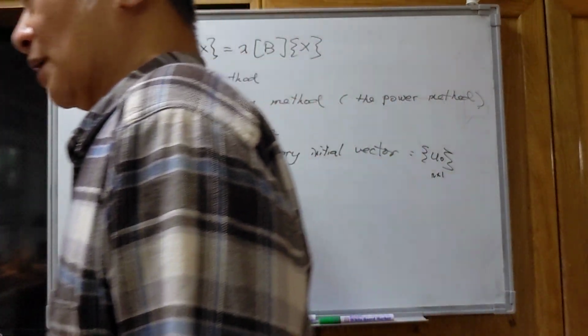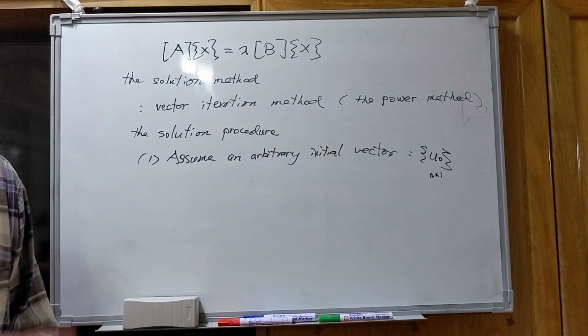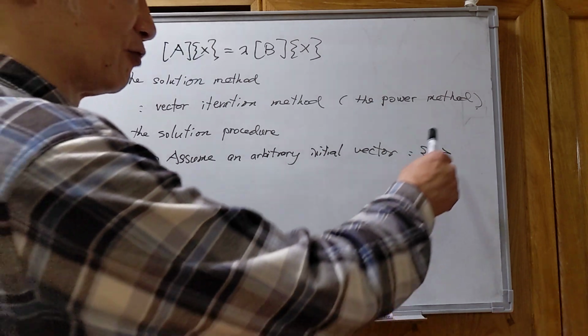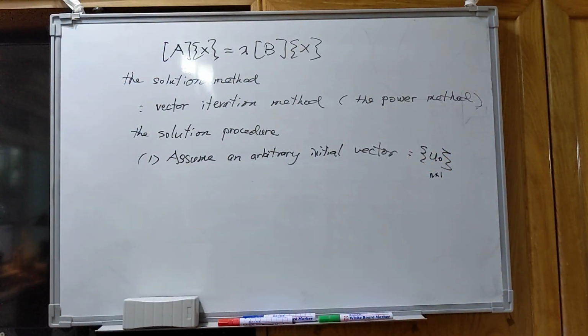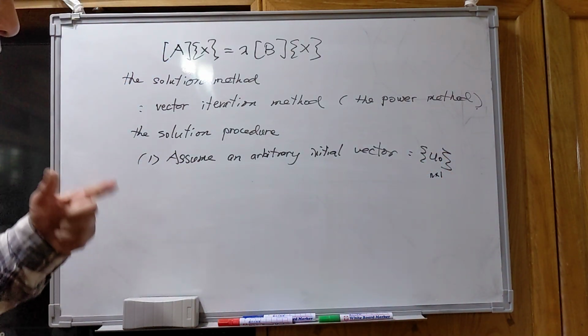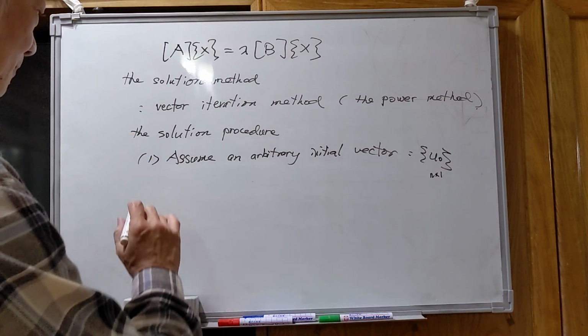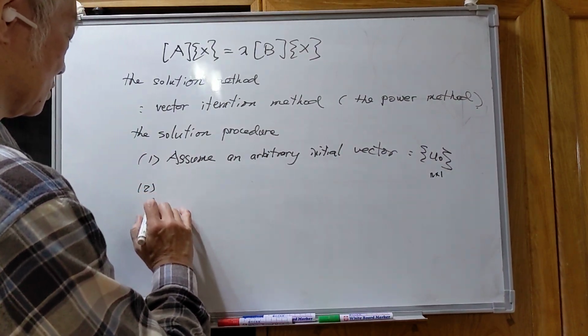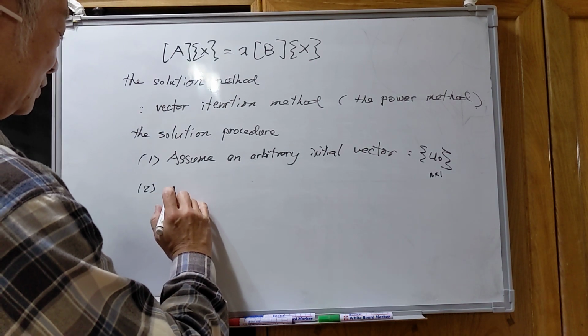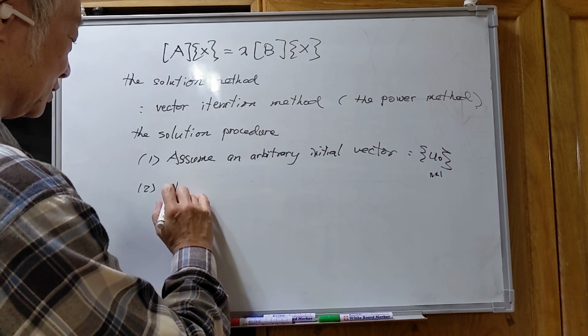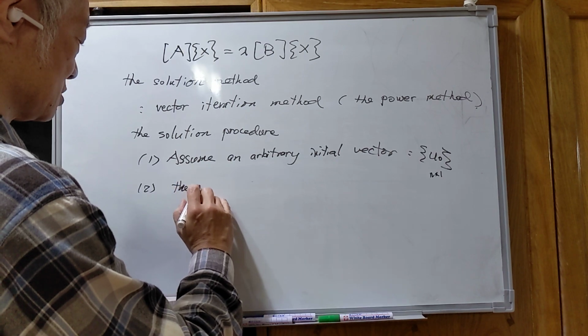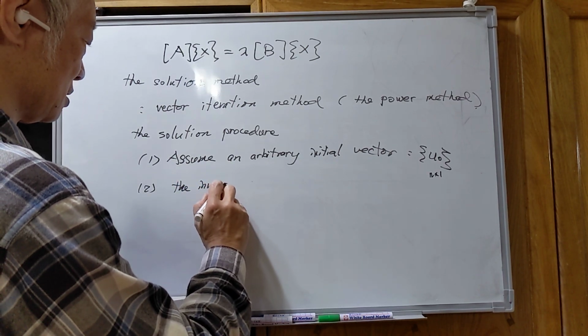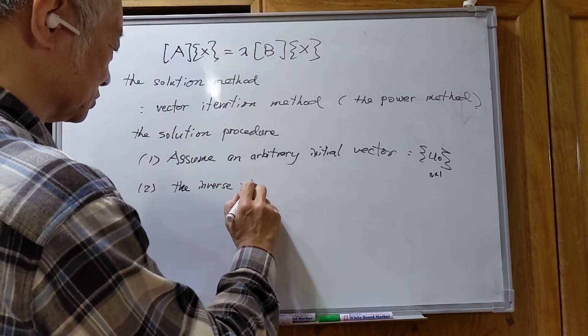And then we need to iterate from the initial vector. And there are two solution procedures. The first one is called the inverse iteration procedure.